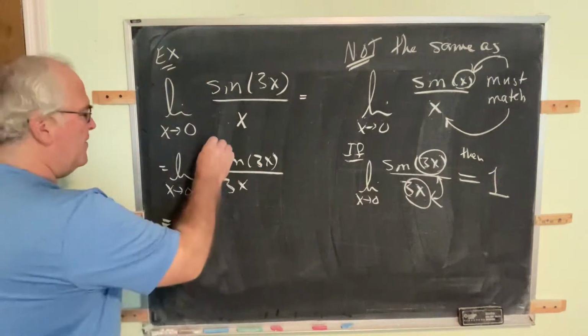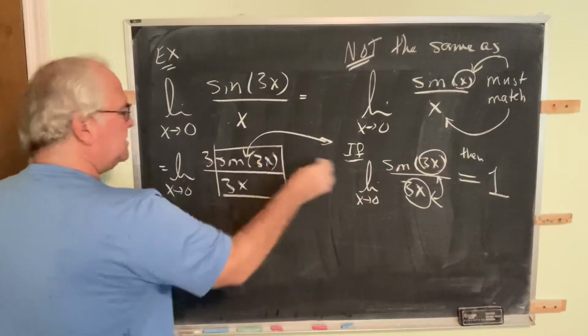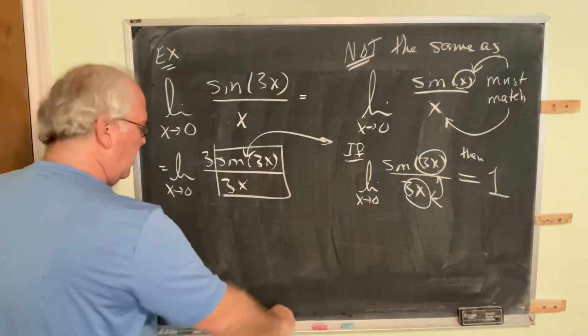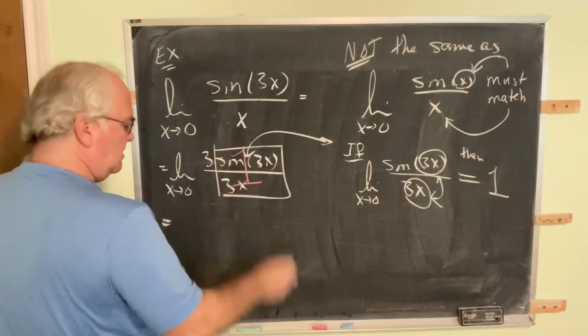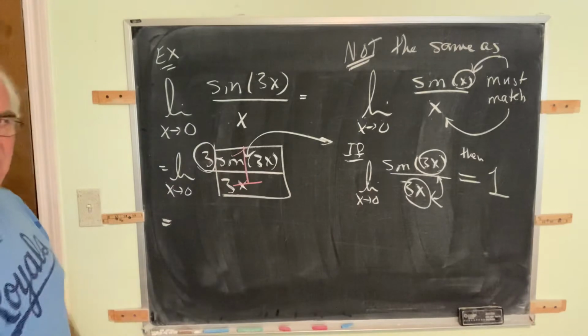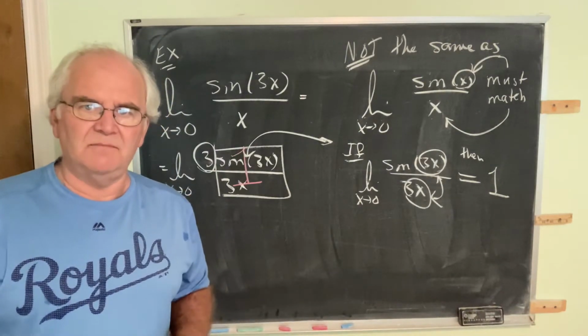Now, this is that statement. This is the property we have so far. We know here in just a little bit that's going to be 1. What happens to this 3? That 3 is a constant multiplier, and constant multipliers multiply along.